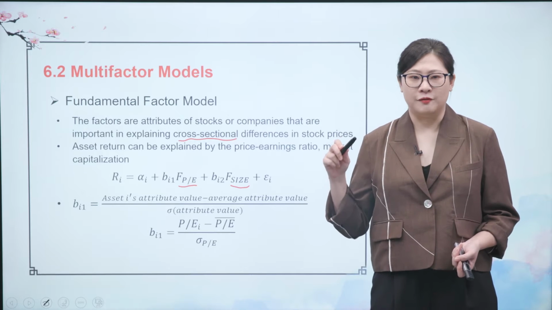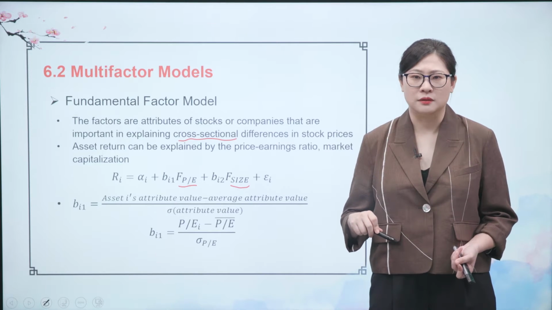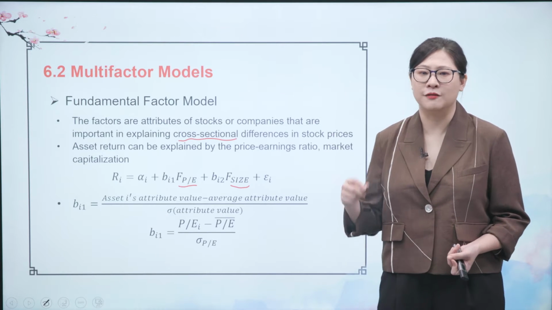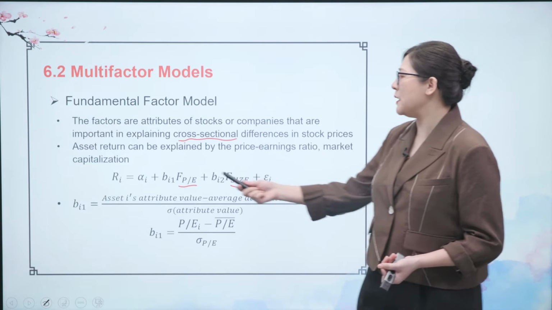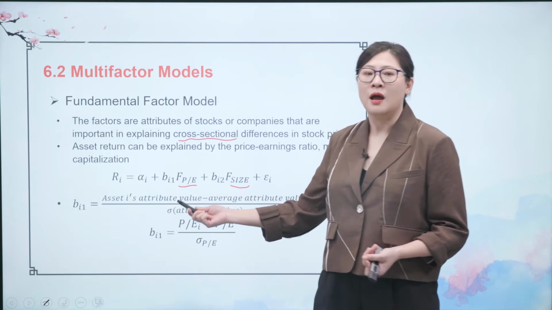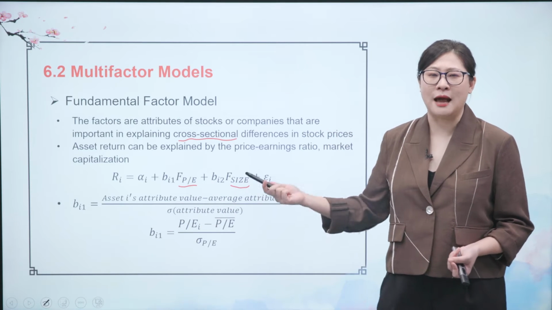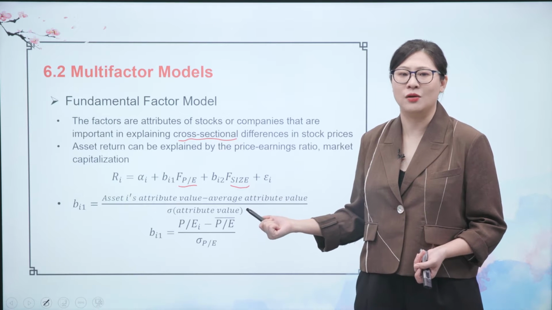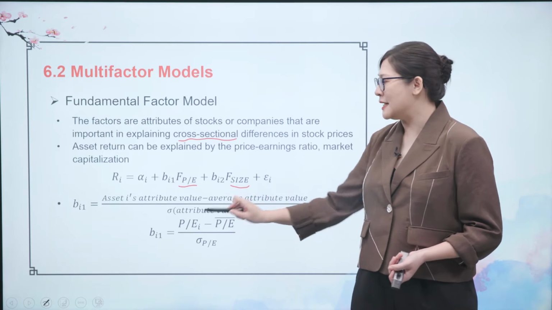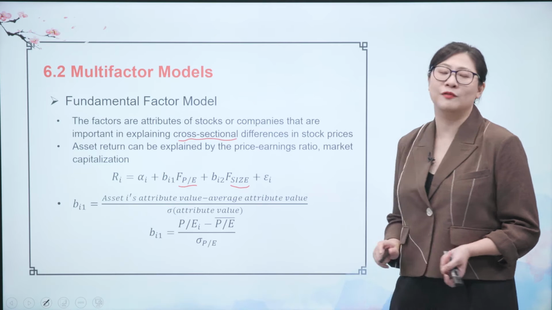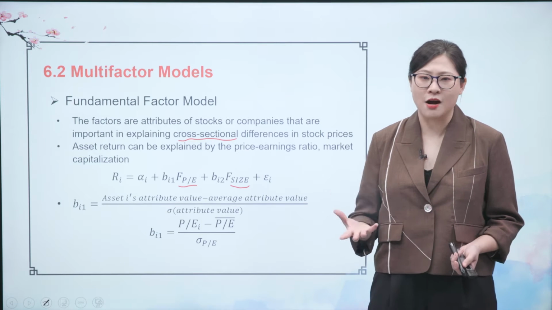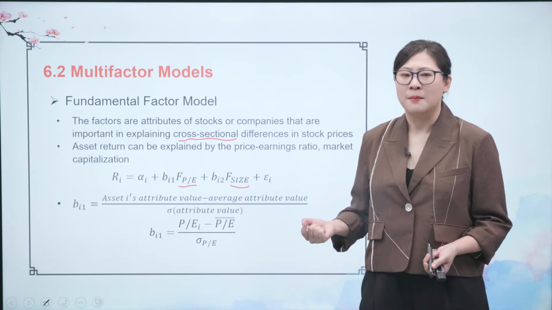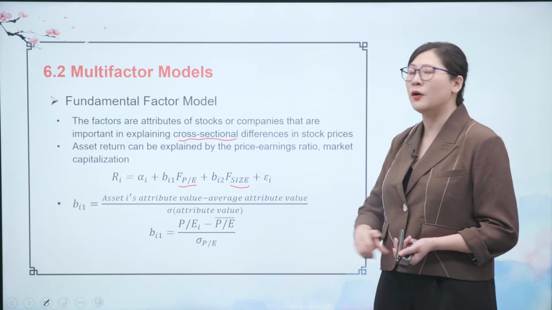That's the attribute, the factor attribute. B_i1 should equal asset i's attribute value minus the average attribute value, divided by the standard deviation of the attribute value. Maybe it is hard to understand, but I will show you an example to explain that.